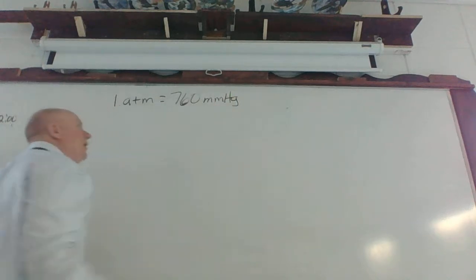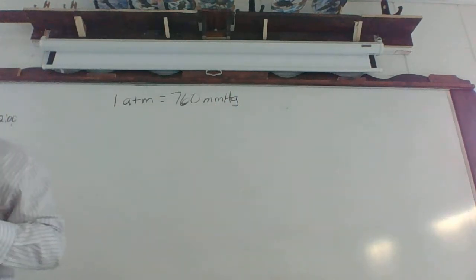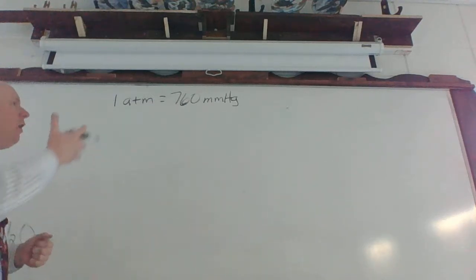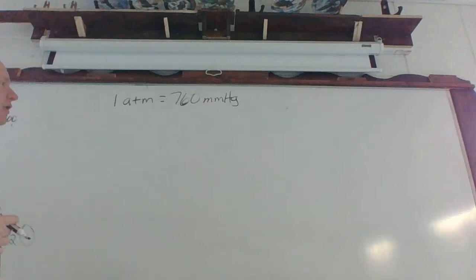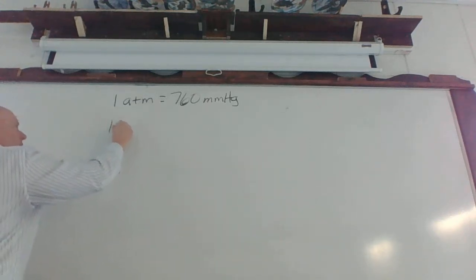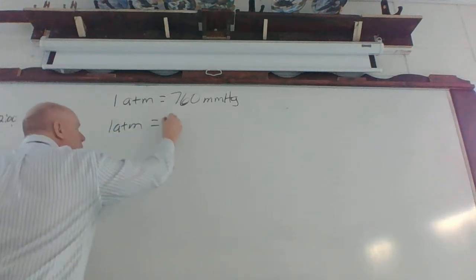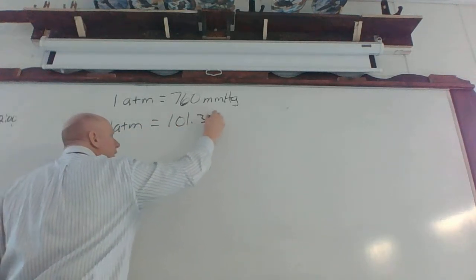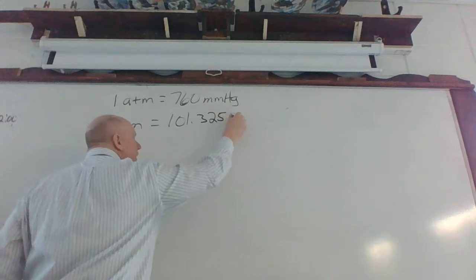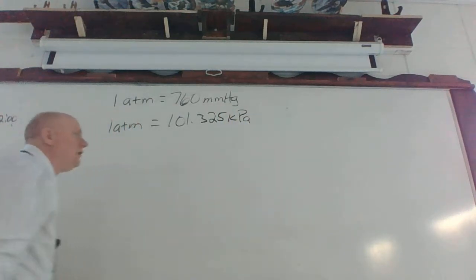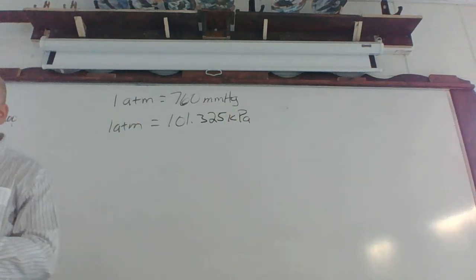Now that doesn't mean anything to you right now, but we'll make some distinctions or examples of how that was used as a measurement at one time. Or 1 atmosphere can also equal 101.325 kilopascals. And it doesn't really matter if you write it like that.